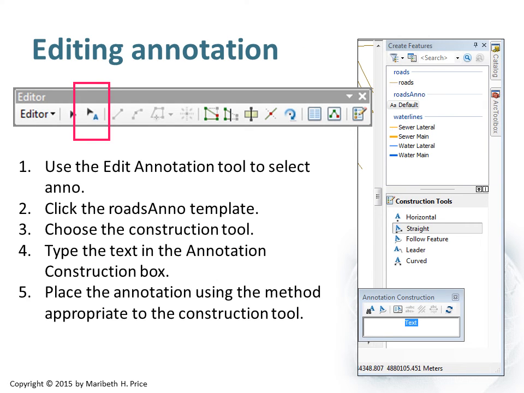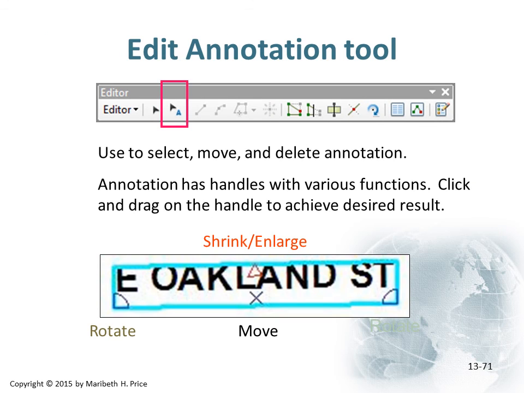You can then use your editing tool to select the annotation and begin to move things around and edit them as you need. So click on the roads annotation template, choose the construction tool, type text in the annotation construction box, place the annotation using the method appropriate to the construction tool.